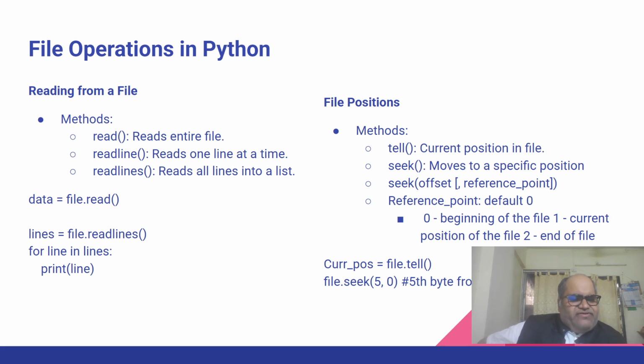The other things that are again very important and tested in your exam are for finding the file position. tell, if you call it on your file object, file.tell, you'll get the current position in the file, wherever it is. And seek you can use to move to a specific position.